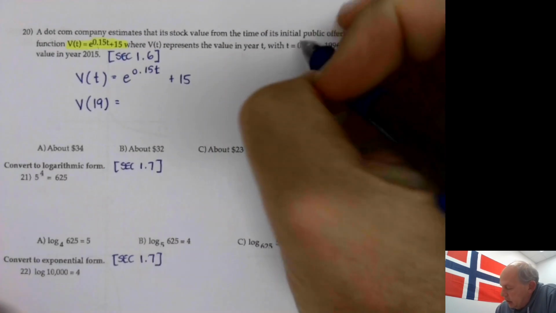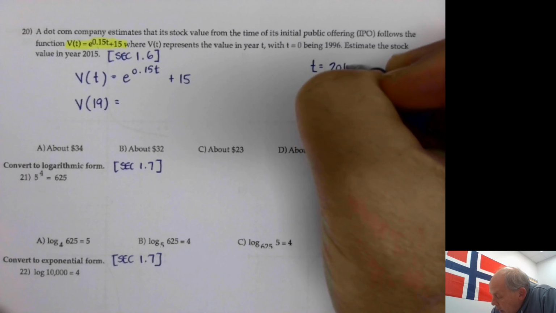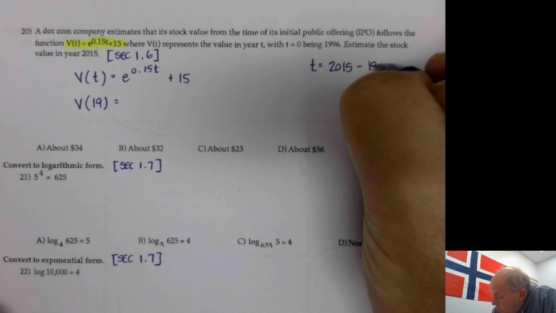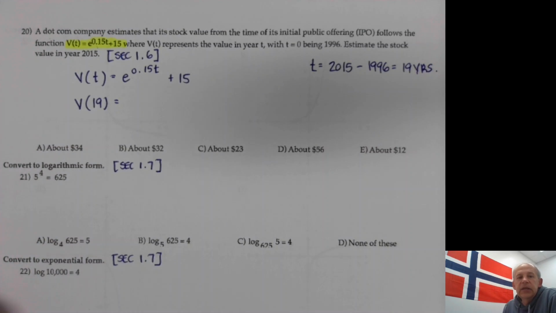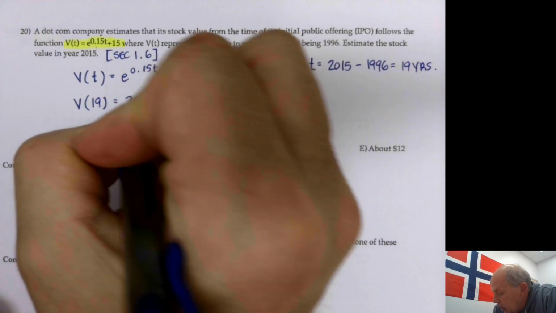Where did 19 come from? We're looking for its stock in 2015, and the company was born in 1996. The company is 19 years old. We're looking to find the value of the company after 19 years.